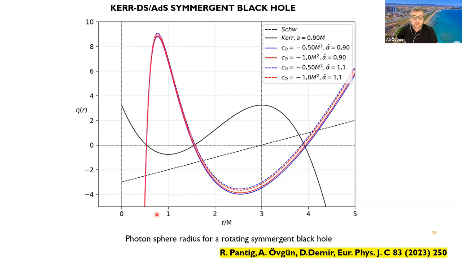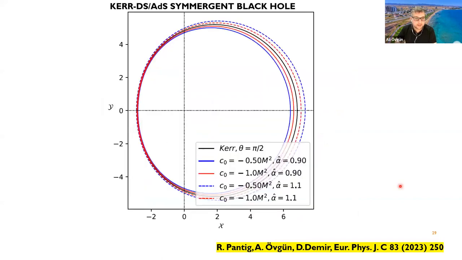As you would expect, in the Schwarzschild case the photon sphere is at 3m, but the Kerr case is different. For small r, the difference is very small, but as r increases, the deviation is slightly different. So you can use it to also guess the effect of the Symmergent parameters.